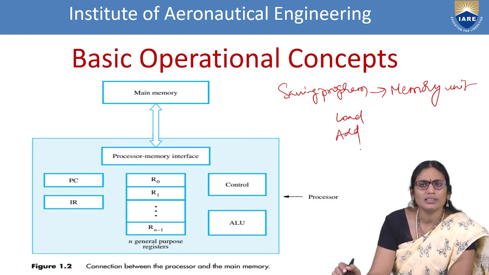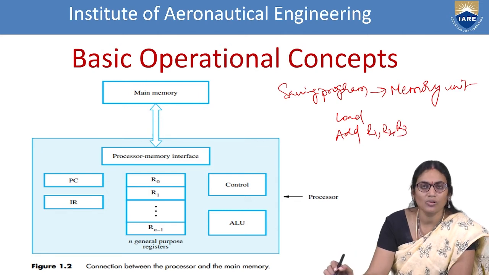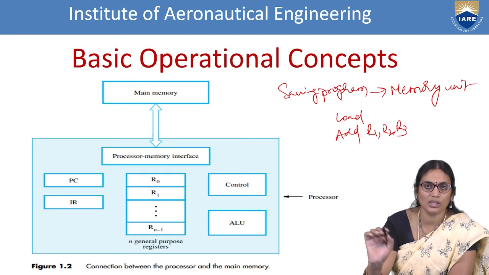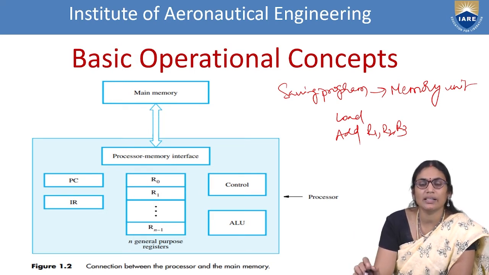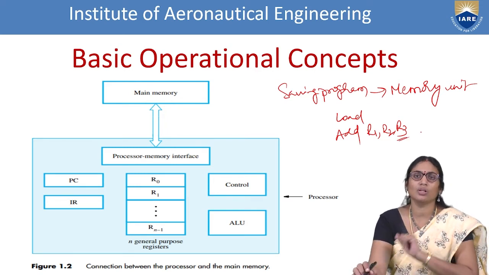Add. Add is where you are considering two values and you are appending them. Now, what are you adding? R1, R2, and R3. Now, R1 is already loaded in memory unit. Now, what about R2? That is also loaded in memory unit. Now, R3 is the next source where you have to get the data that is added. R3 is also one of the units where you have to hold the data.